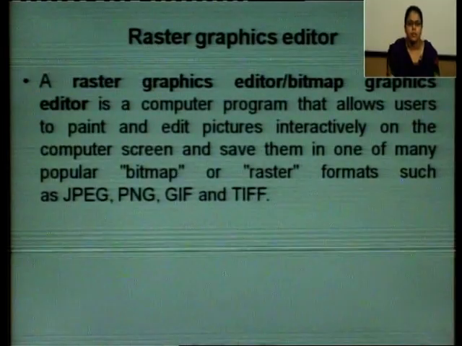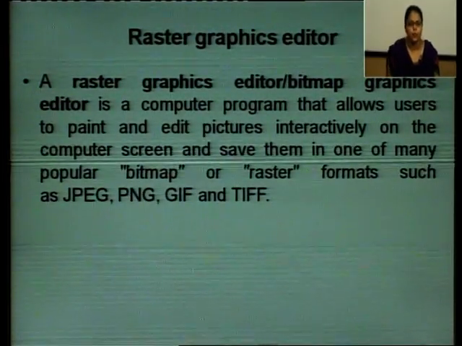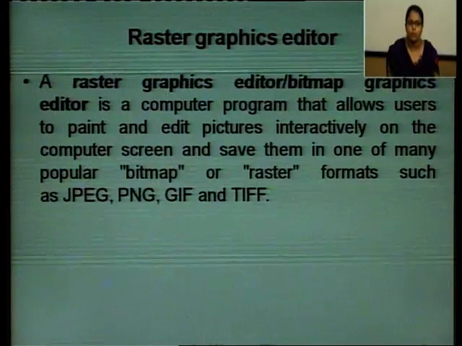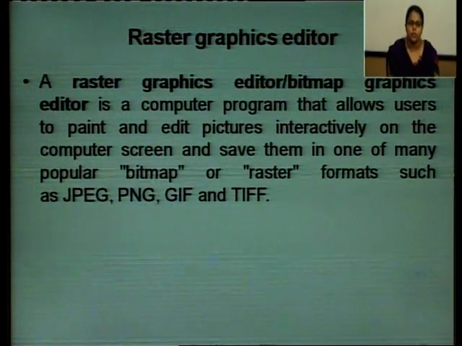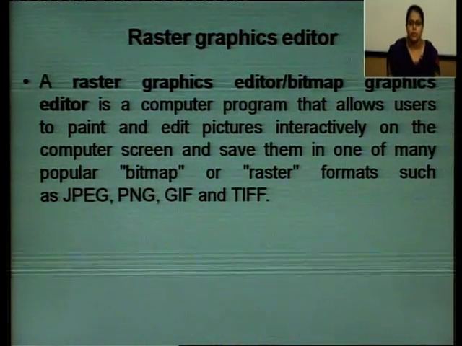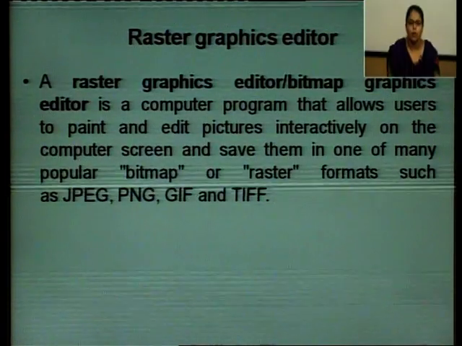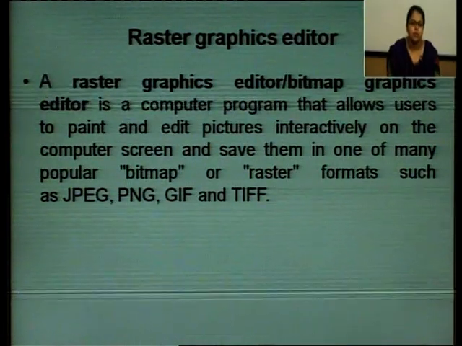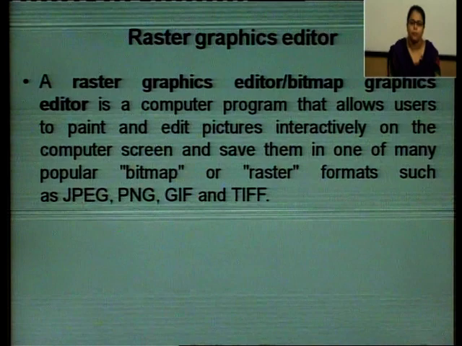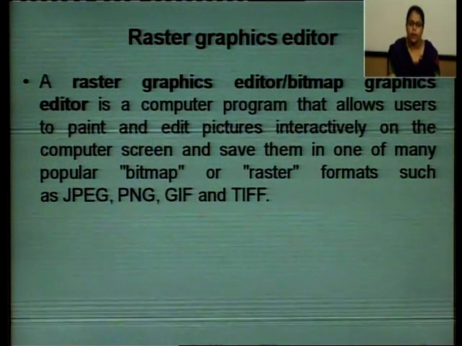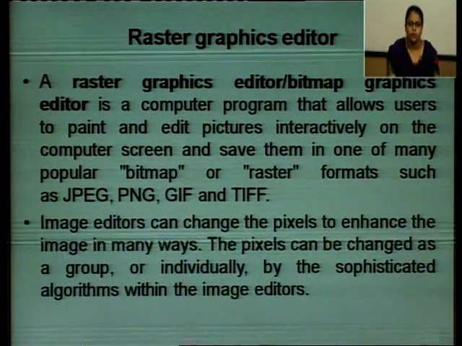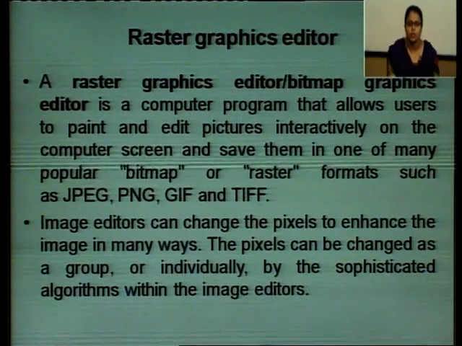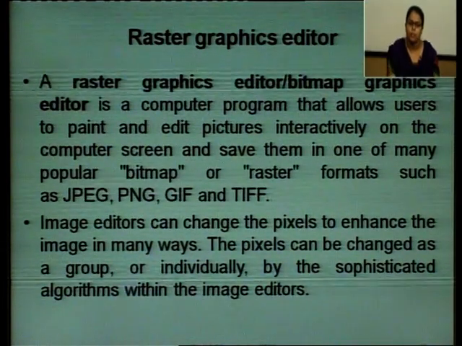Raster graphics editor is a computer program that allows users to paint and edit pictures or images interactively on the computer screen and save them in one of many popular raster formats such as JPG, PNG, GIF and TIFF. These editors can change the pixels to enhance the image in many ways.